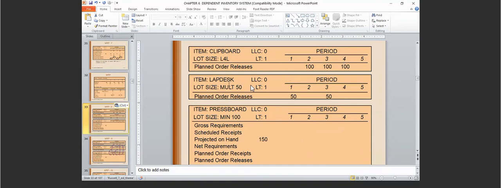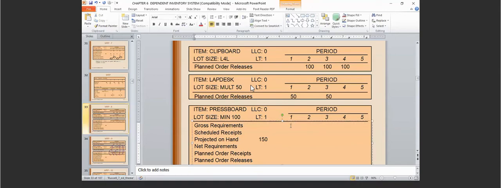Meanwhile for the lab desk, we have 50 units in period 1 and 50 units in period 3. So for the gross requirement of the first period of fresh board, we transfer the input from the planned order release of 50 units to the MRP table of fresh board.